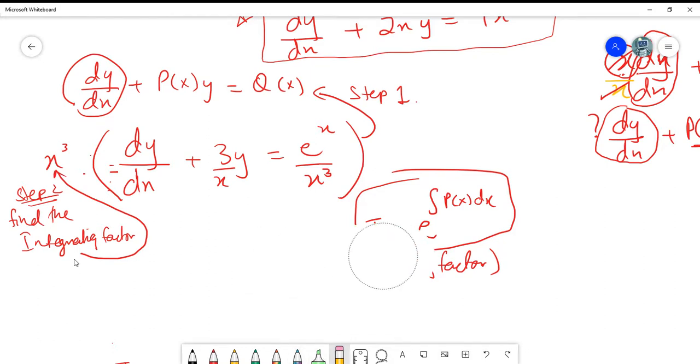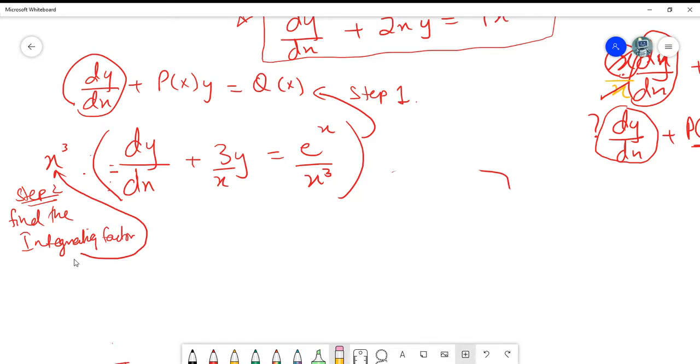These are the two steps only. Now that we've found the integrating factor as x cubed, let's multiply it with the entire equation.